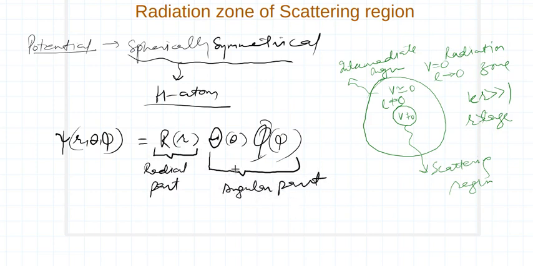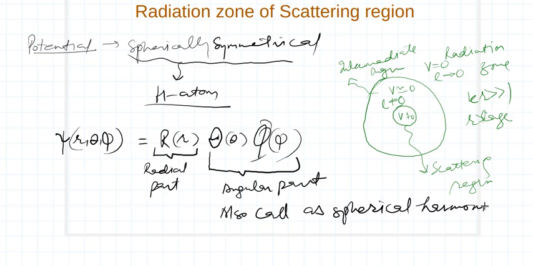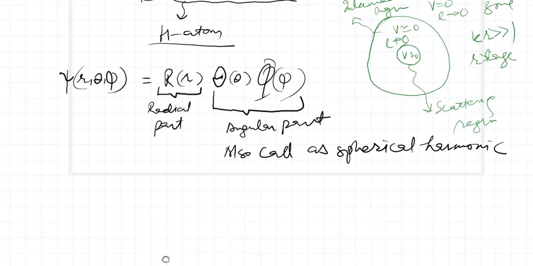In this problem we call it spherical harmonic, which can be collectively written as YLM, and it depends upon both theta and phi.